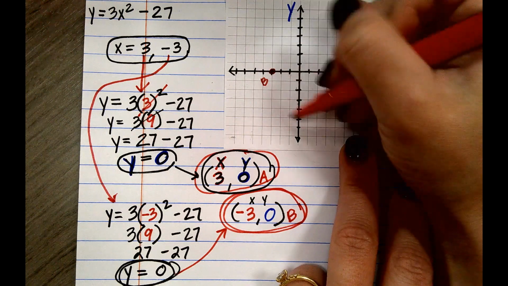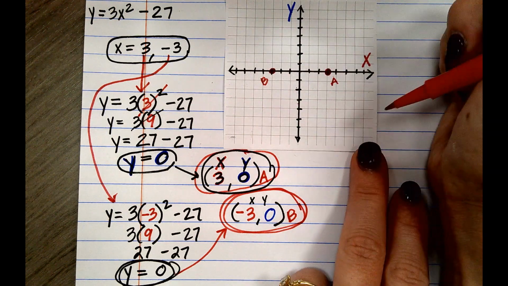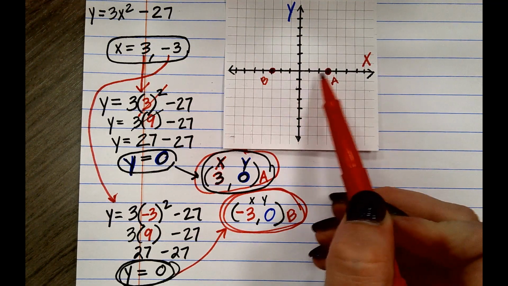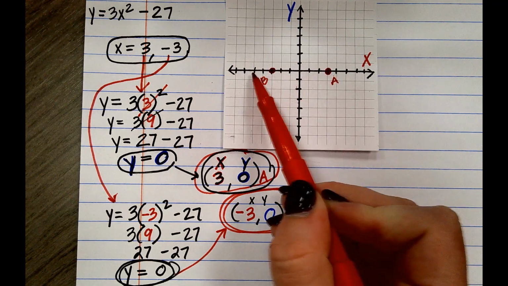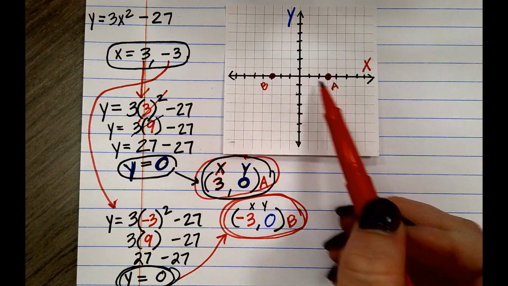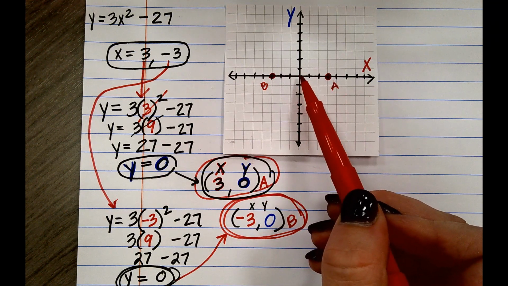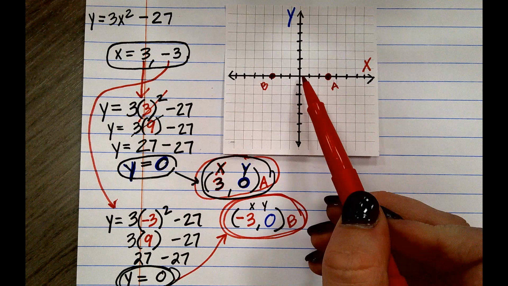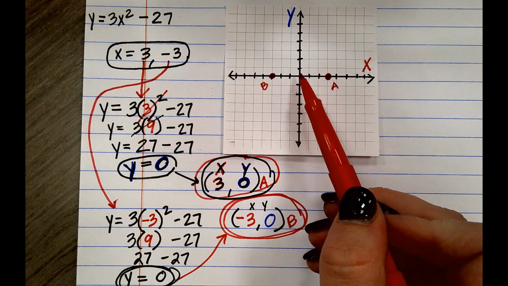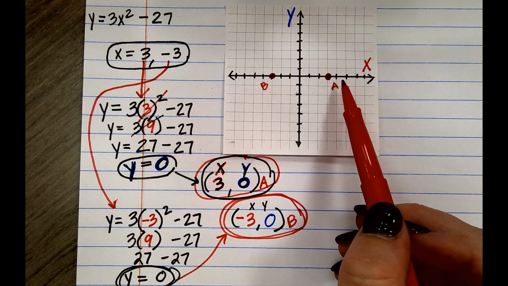We could also find the vertex, I suppose. So how about this? What is the middle x value between these? That would be 0. 0 is right in the middle. So we know our vertex, the x is 0. So we could probably solve for y by plugging in 0 for x.